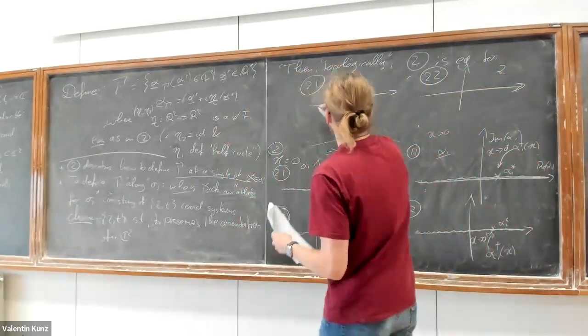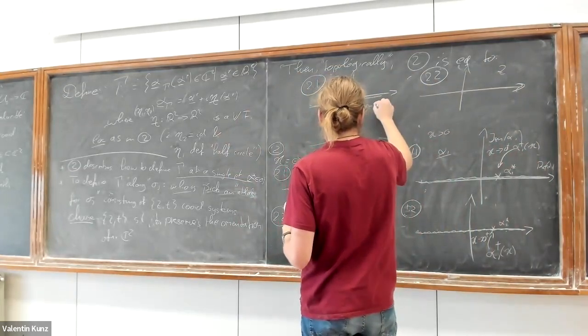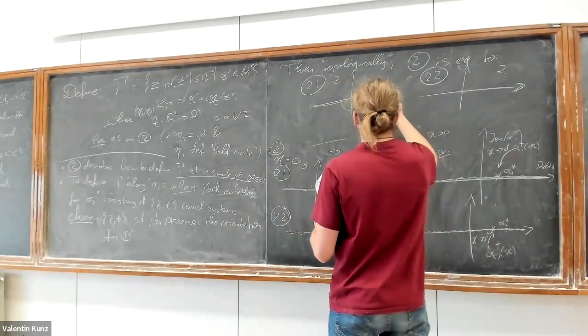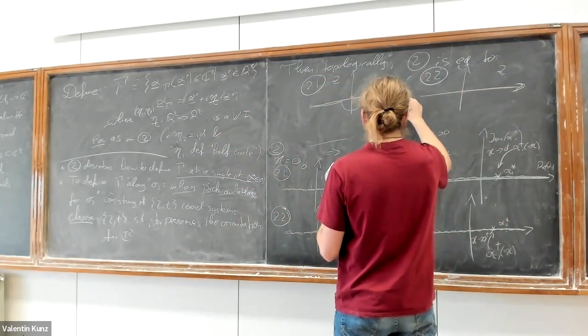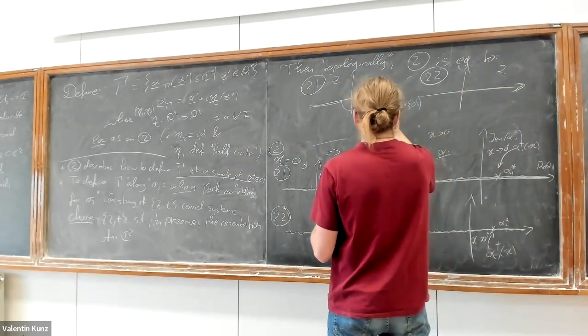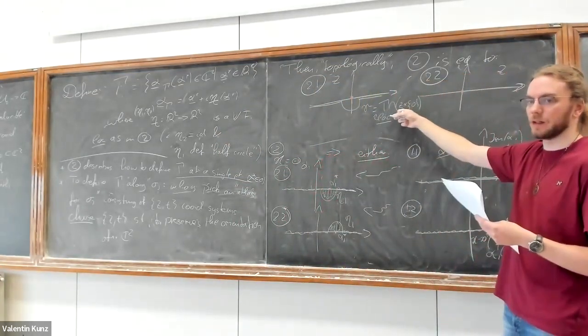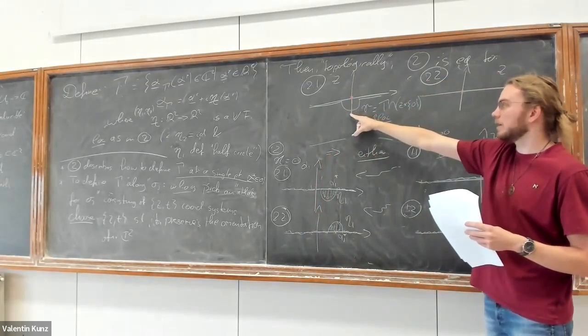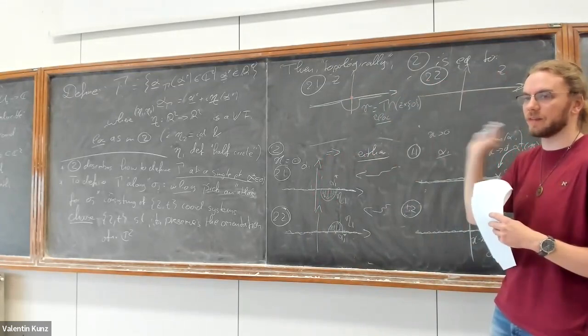And then we have something like this. This is gamma, the intersection of gamma with z. And again, this is still local. Small gamma is the projection of gamma down onto the z coordinate.